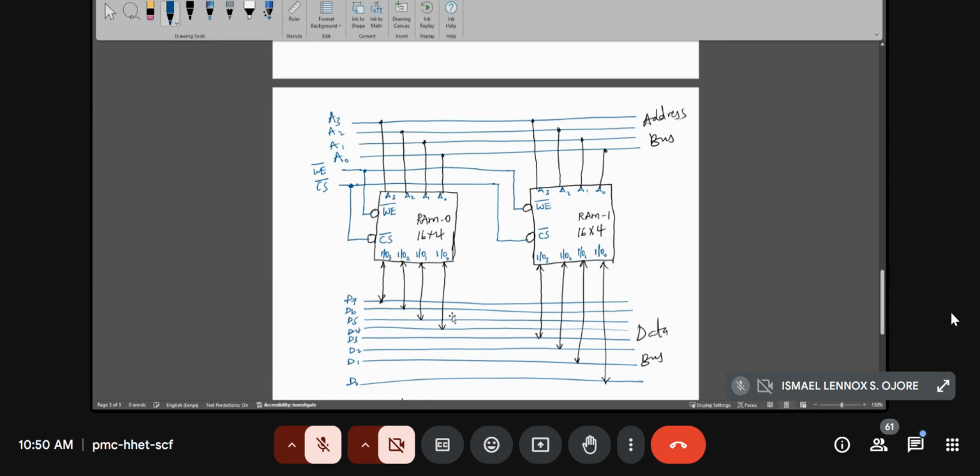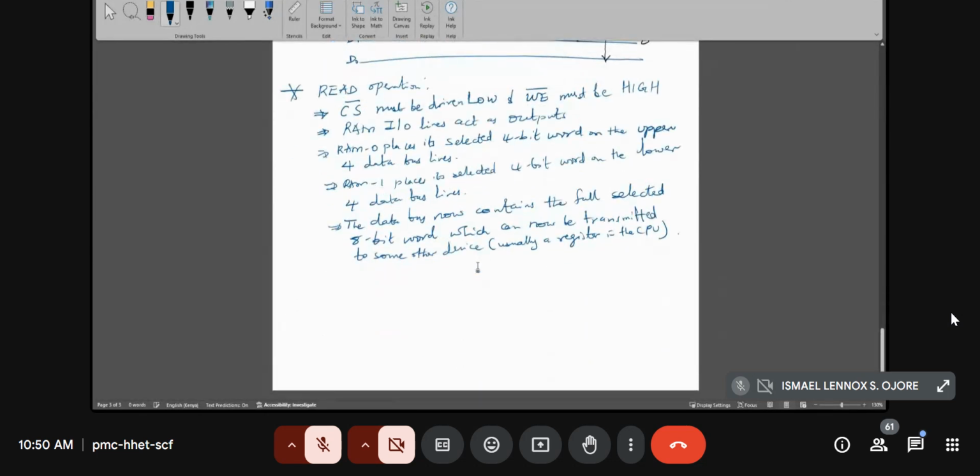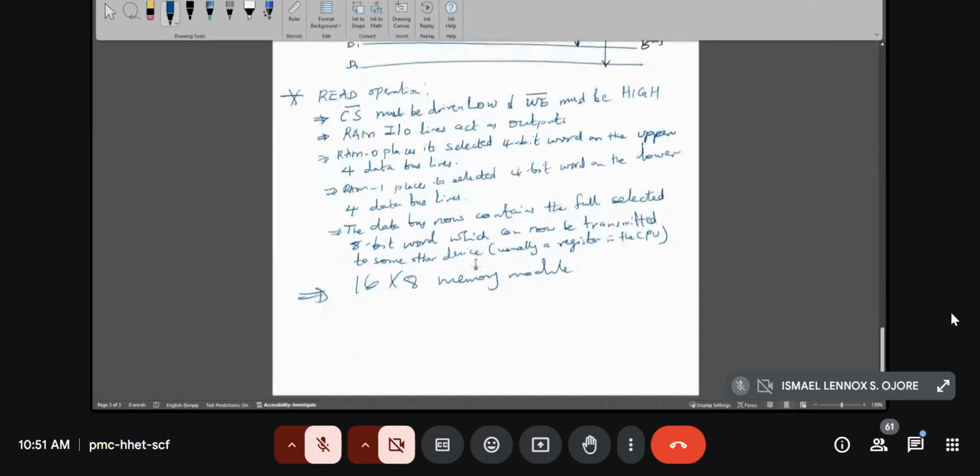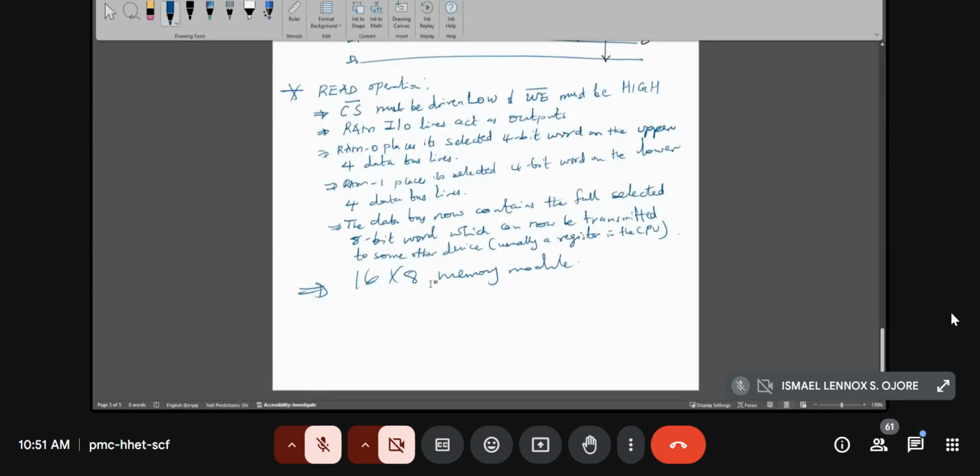So I think that combination gives us a 16x8 memory module, which is as a result of combining two RAM chips that are 16x4, and we get a 16x8 memory module.